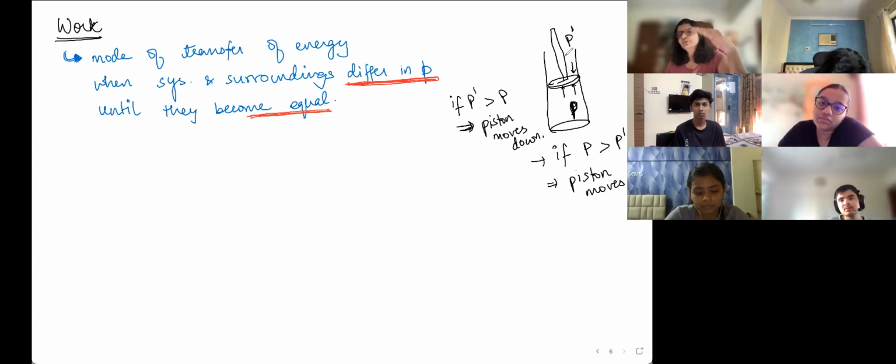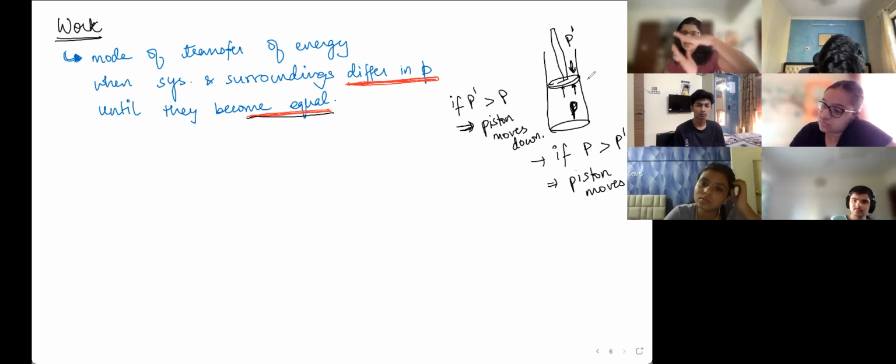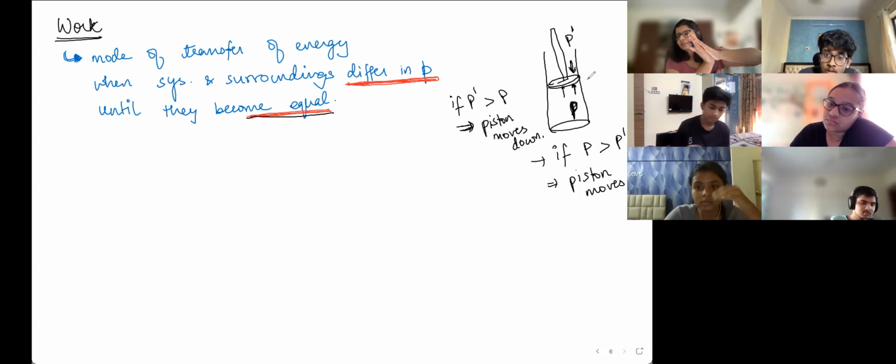The piston moving up or moving down is happening because the pressure wants to be equal. Equilibrium will be reached when the pressure coming from above and the pressure coming from below are equal, then it will be balanced. Then there is no motion, no expansion, no contraction, nothing will happen.